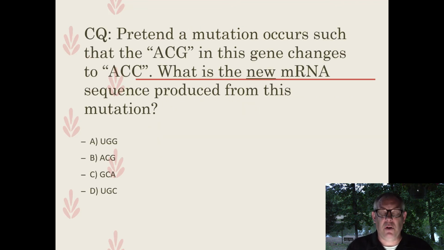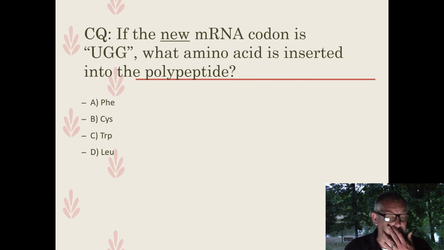All right, let's do another mutation. Let's say that the original ACG mutates to ACC. What's the mRNA from this? Well, if you're transcribing it, it should be UGG, right? If the DNA is reading ACC, the RNA should be UGG. And so if that's our new mRNA codon, what's the amino acid?